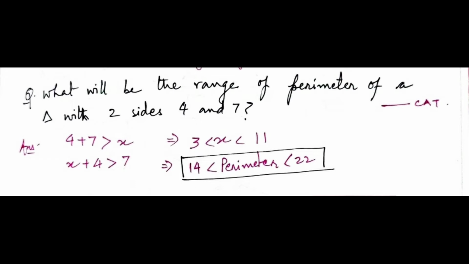So x should be between 3 and 11. So for the perimeter, at 3 we add 7 and 4, the other two sides, and at 11 we add 7 and 4, the other two sides. So this is the range that we get.